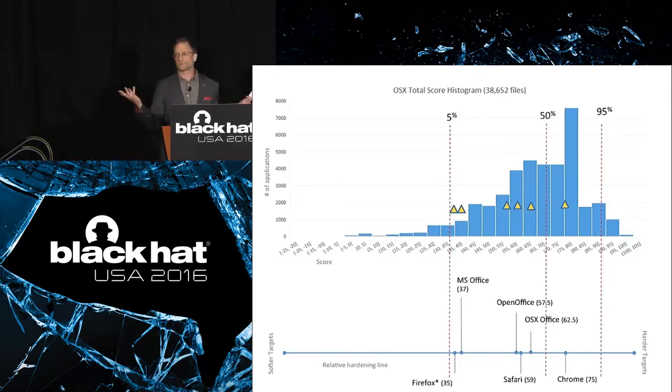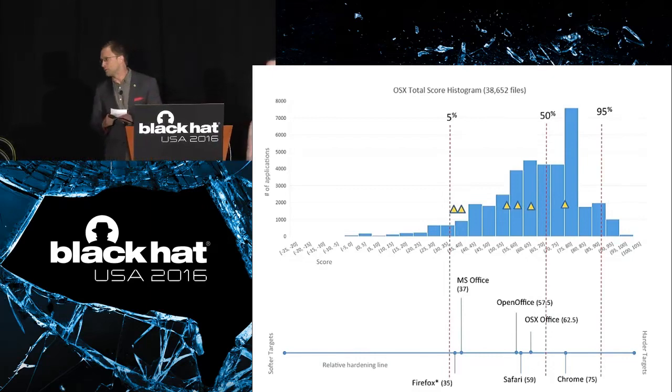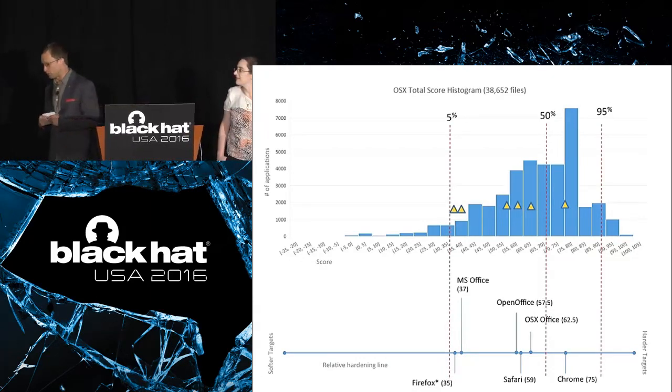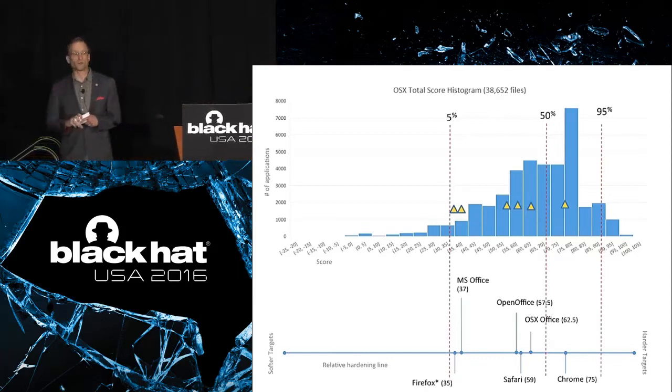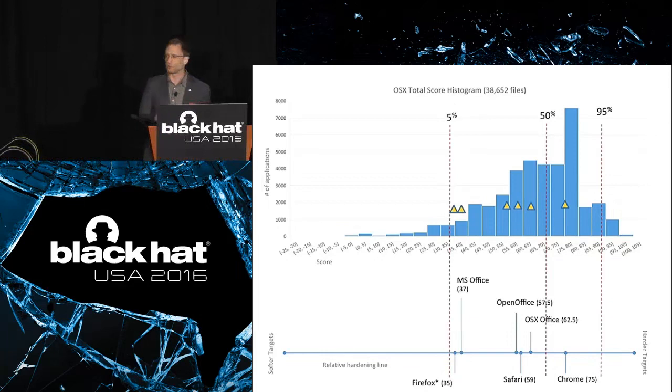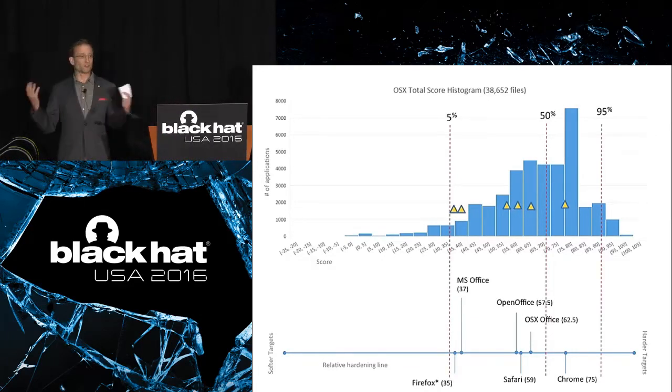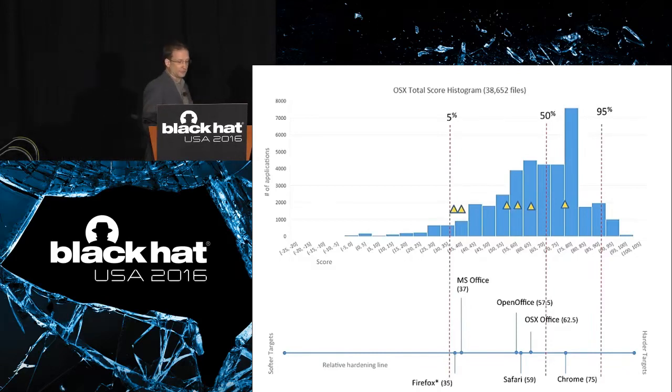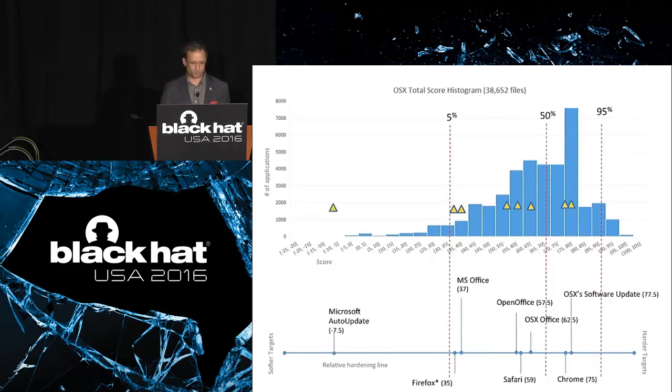For that example here, I'm going to point out two of the kind of critical pieces of software on your system, the software updaters themselves, because they are responsible for not only taking information and communicating across the network in one way, shape, or form, but also they're the ones that are installing your very security patches designed to protect your system. So we looked at and just pulled out of the large histogram of the 38,000 some odd binaries here, Apple's software updater and Microsoft's. Guess which ones ended up on which side of the spectrum?